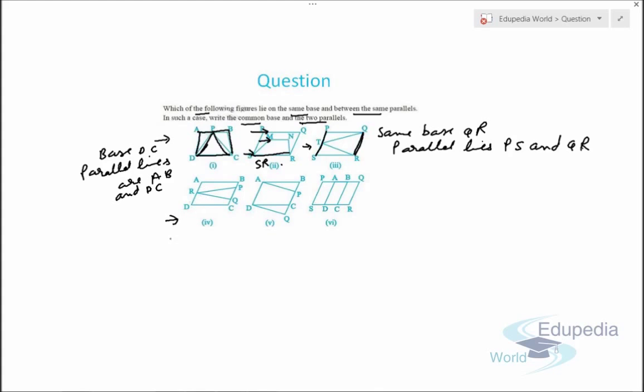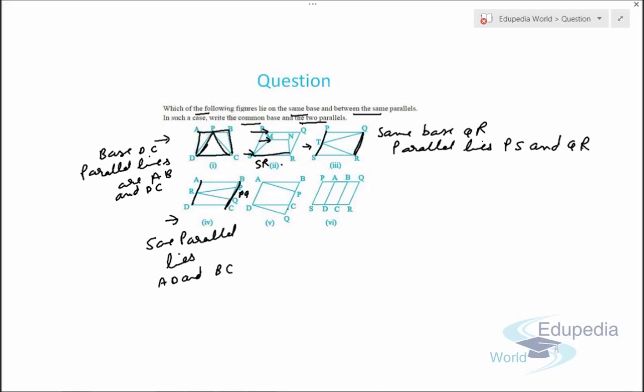They have the same parallel lines. They're lying between the two parallel lines AD and BC. However, they don't have the same base. In the first figure, they have the base BC. However, in triangle RQP, they have the base PQ. So they don't lie on the same base.